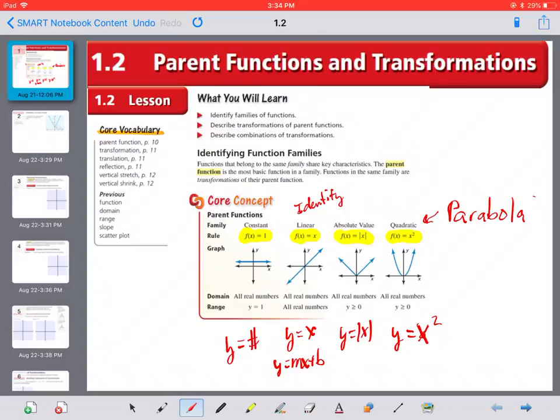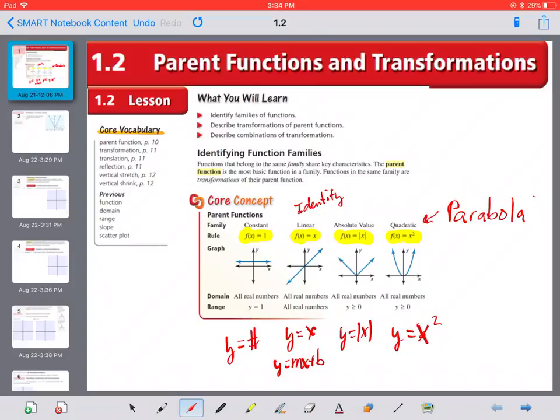Same thing on the quadratic. The QU of quadratic, it's a U-shaped graph. f of x equals x squared. It's exponential. It gets bigger faster. That's different than absolute value. The sides of the absolute value actually grow at the same rate the entire way. That's why the line is a straight line. Quadratic gets bigger faster.